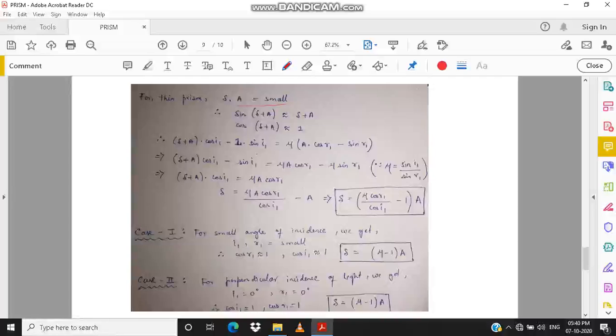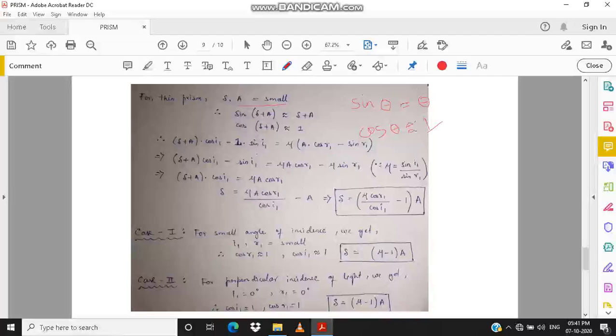Now we know that sine theta is equal to theta, and cos theta is approximately equal to 1.